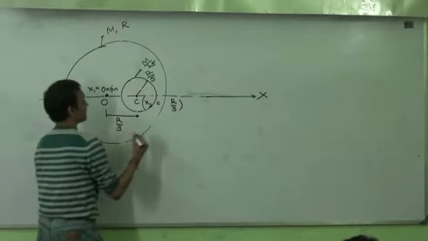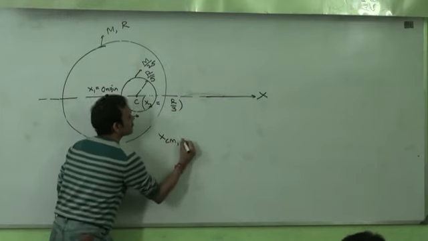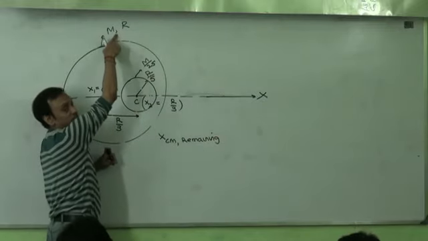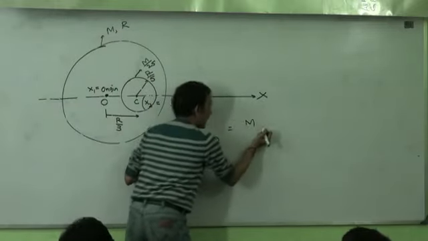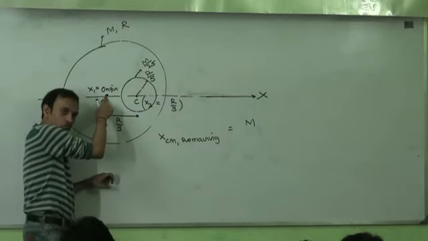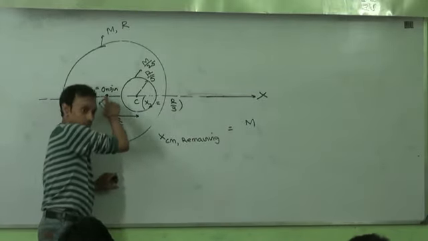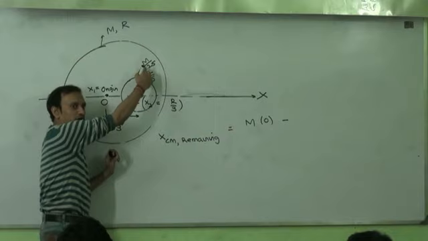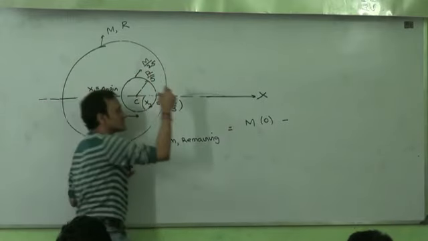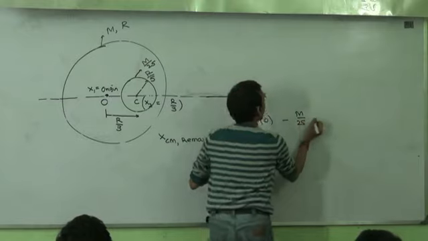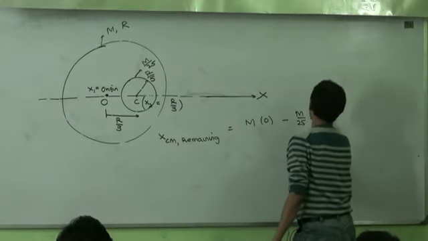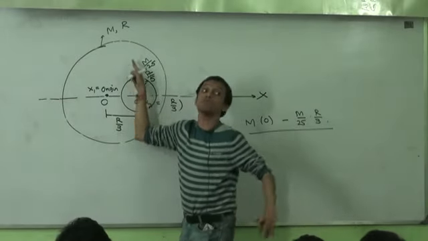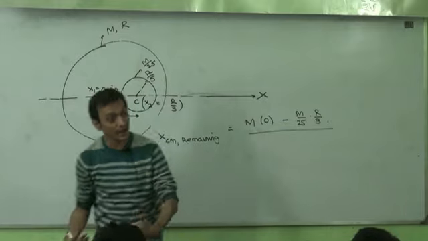The x coordinate of the center of mass of the remaining: original mass is m1, which is capital M, into the x coordinate of this mass, which would be 0, m1 x1, right? m1 x1 minus the mass of this, which would be M by 25, into the x coordinate of this, which is r by 3, divided by m1 minus m2, that is M minus M by 25, which is 24M by 25.